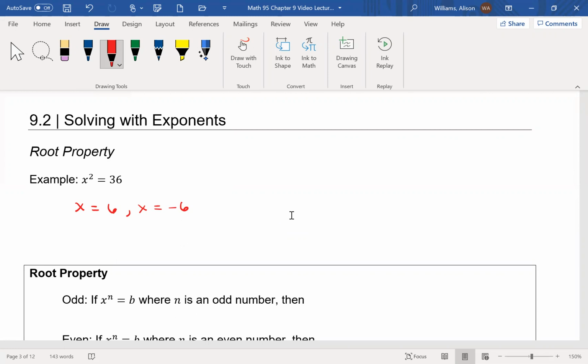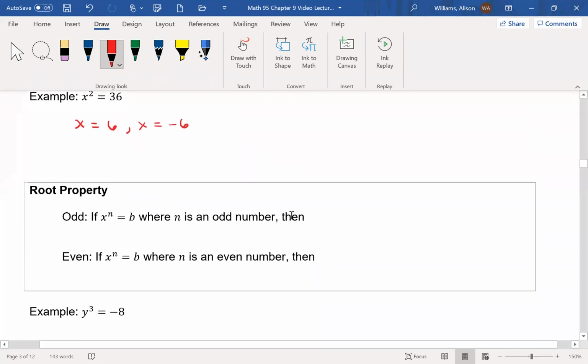So what we'll be doing is thinking of this in terms of odd and even. If I have an equation, x to the n equals b, where n happens to be an odd number, then I would solve by taking the nth root of b. And that works for even problems as well. But there is a difference.